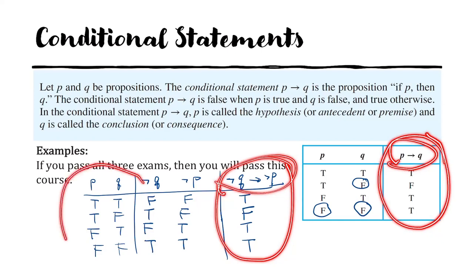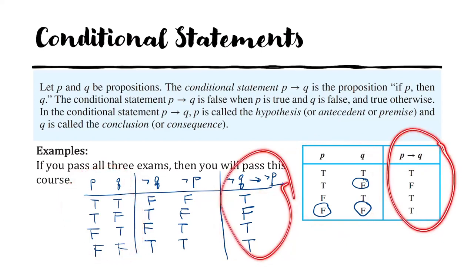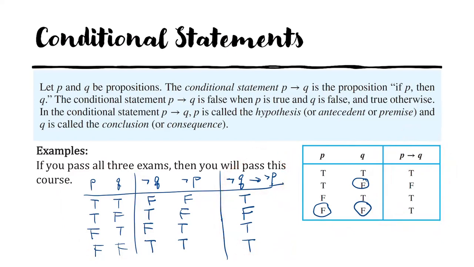My order of the P and Q is the same. So if you compare the truth tables for both the implication and the contrapositive of the statement, they are the same. So this means that these two statements are equivalent.